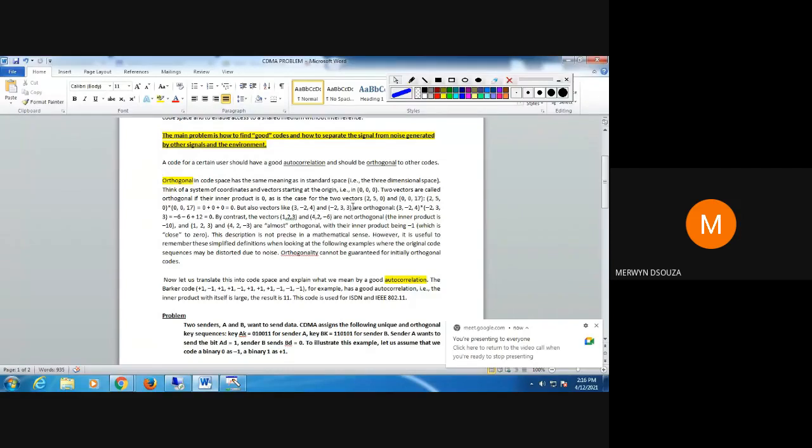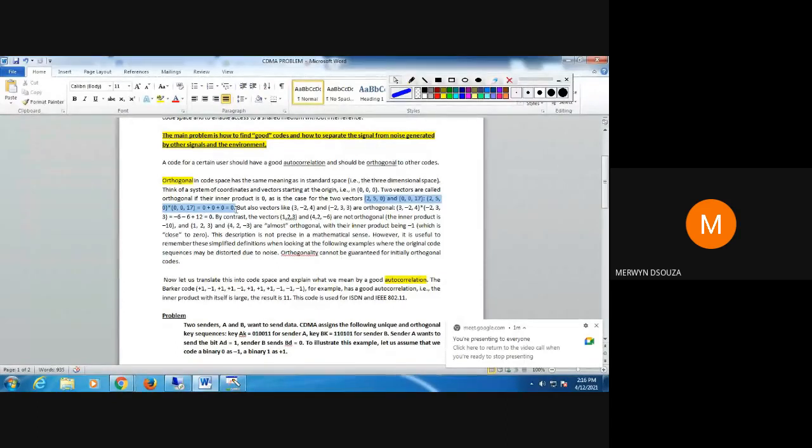So for example, say you have these two vectors. You can multiply and check for yourselves also. Suppose these are the two codes given to two stations. Station A is given the code 250, and station B is given 0017. When you find the dot product of these two codes, it is 0.